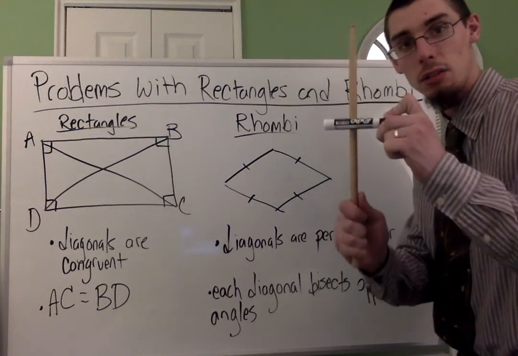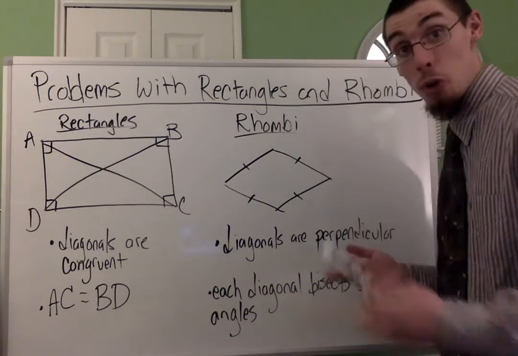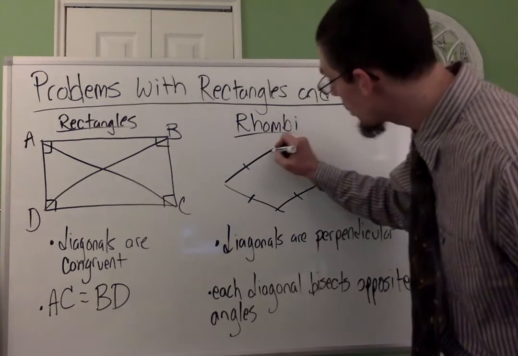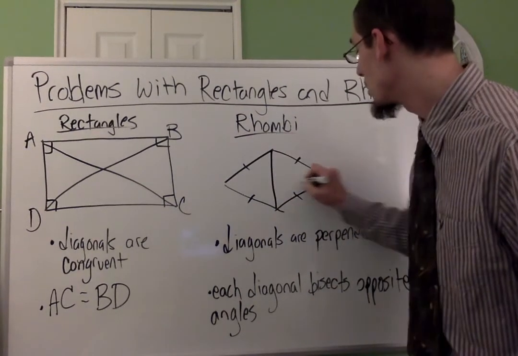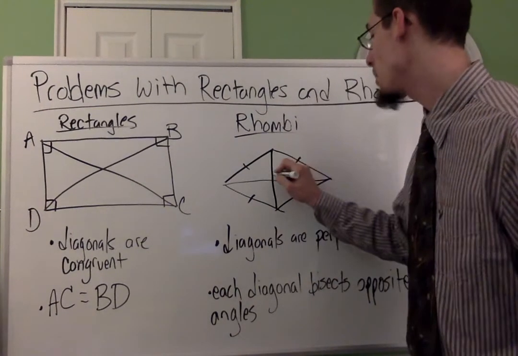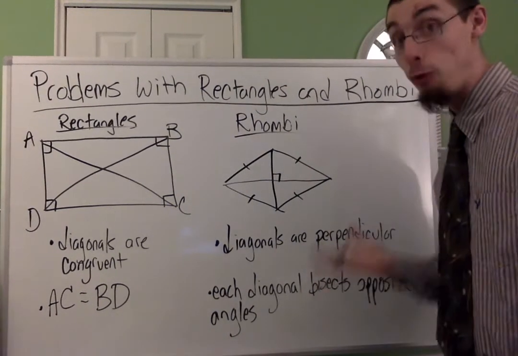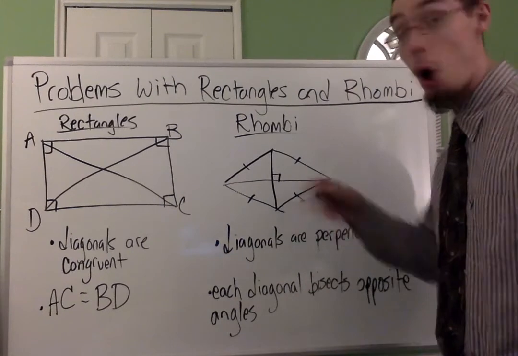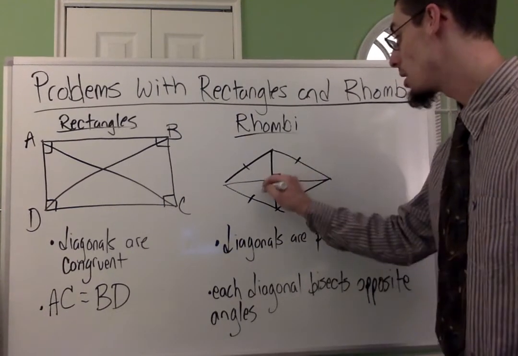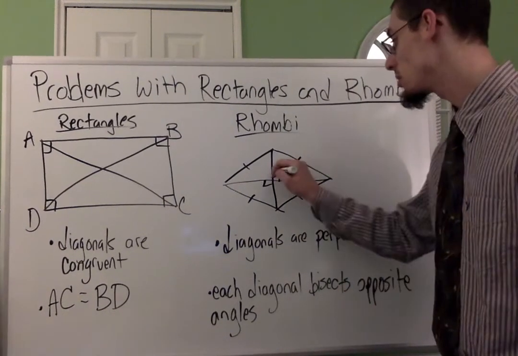Like this, right? So, look what happens, right? So if I were to draw the diagonals in, that's going to make a perfect 90-degree angle in the center there. And all four of them would be 90 degrees, right? All four of the center angles. That would also be 90 degrees.